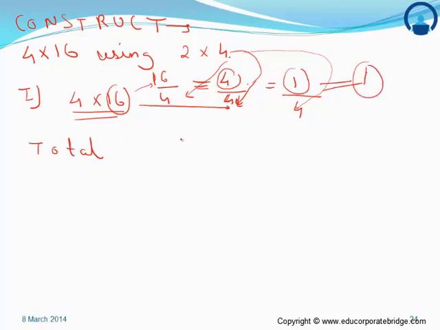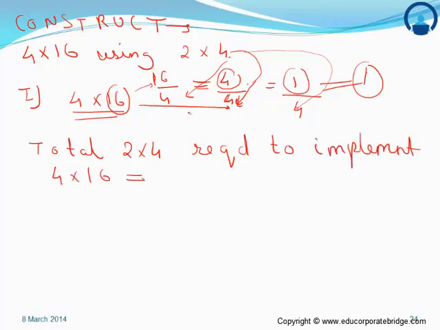Okay, so the total number of 2 cross 4 decoders required to implement 4 cross 16 is 4 plus 1 gives 5.